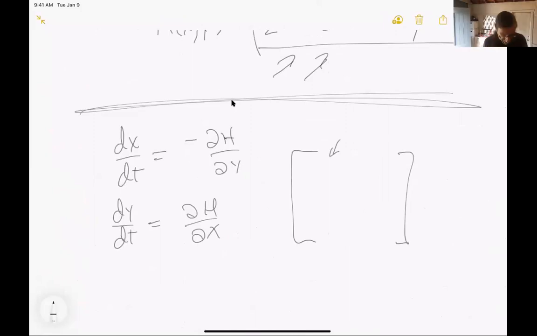Right, that's right. To find this first entry, I take the derivative of dx dt with respect to x, which means I'm taking the derivative of this thing with respect to x. And that's going to be the mixed partial, right? So it's going to be minus partial squared h partial x partial y. Okay. How about the next entry? What's that?